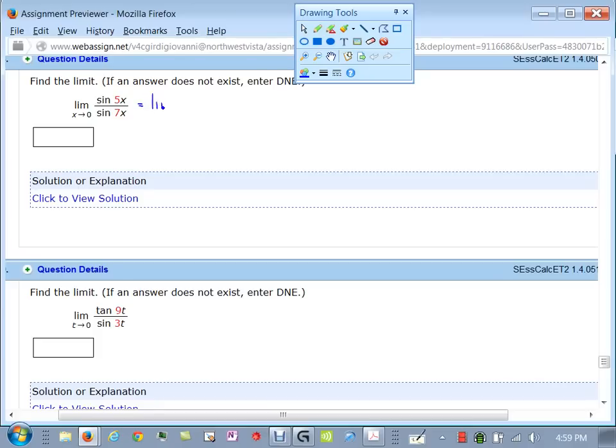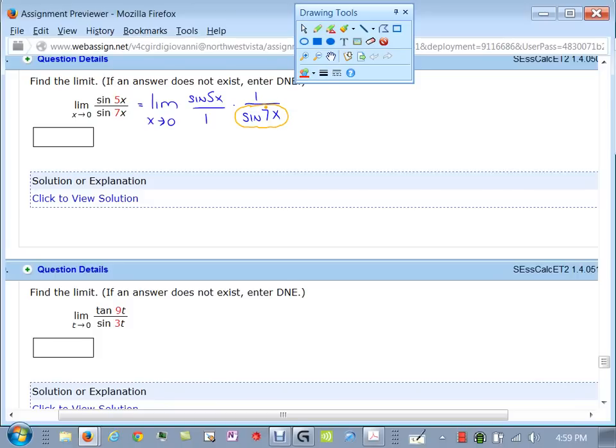So I'm going to be clever here. I'm going to split this up as sine 5x over 1, and then times 1 over sine 7x. And what I'm going to do is work with the part of this problem that's causing the issue. The part that's causing the issue is the fact that I have this, which gives me division by 0.